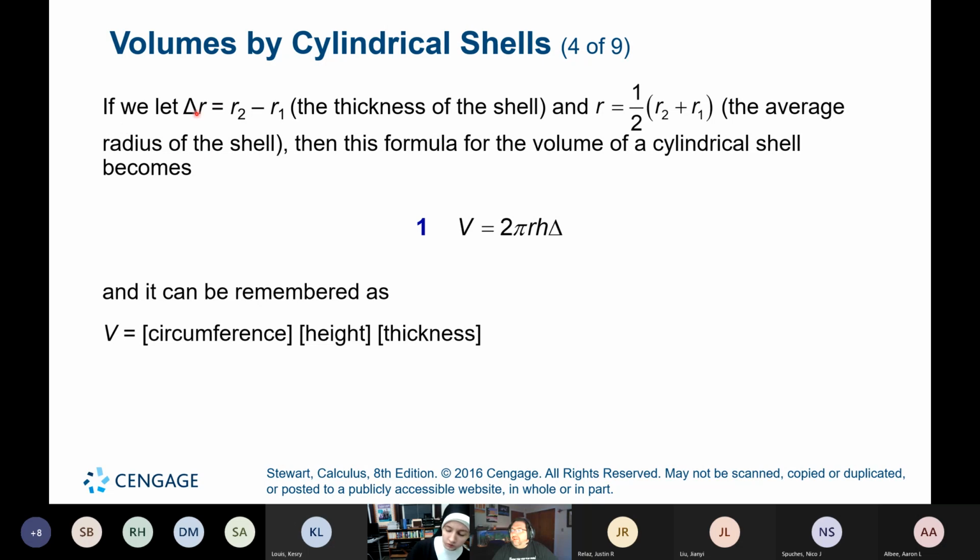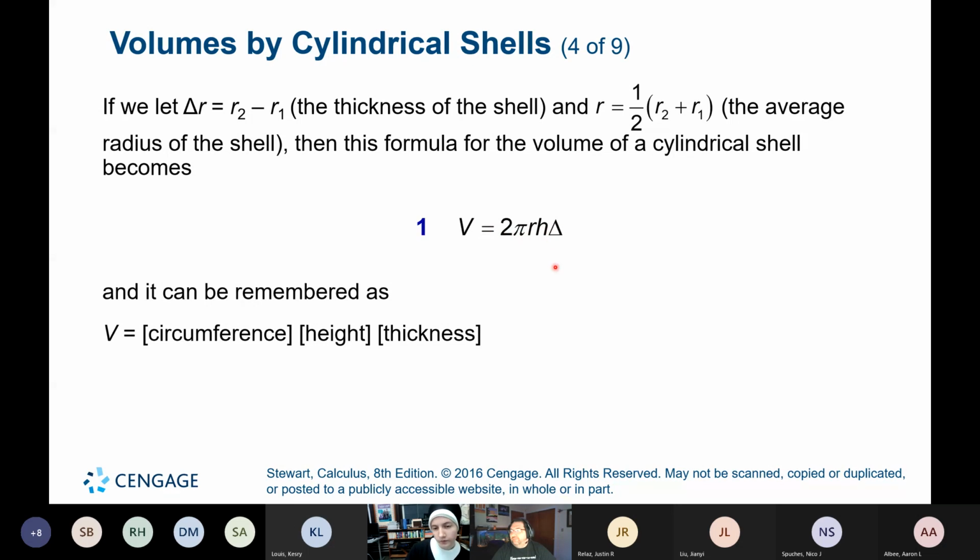So instead of looking at the radius as it's changing, we're just going to look at the change in r, because that's the difference between those two values. So now the volume equals 2 pi r times the height times the change in r.